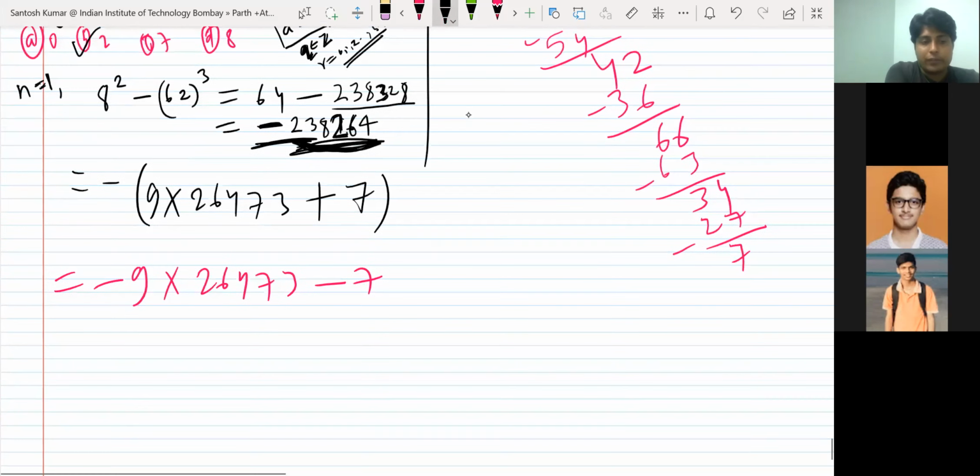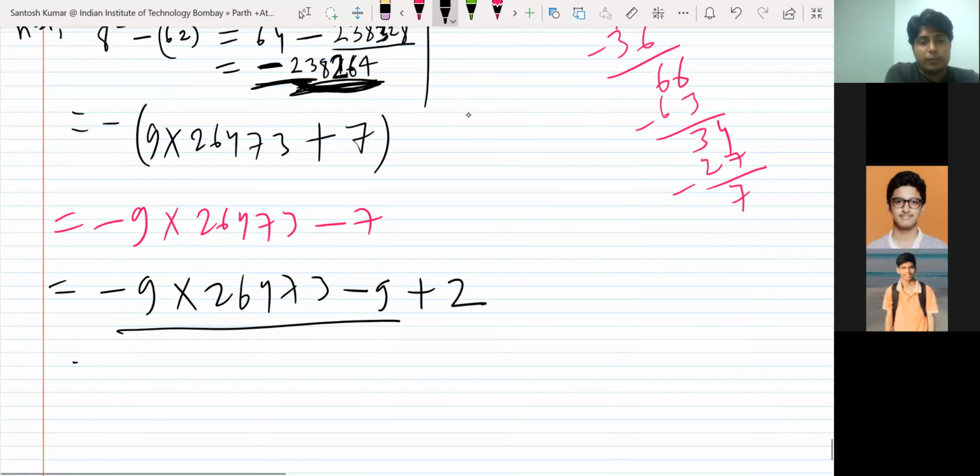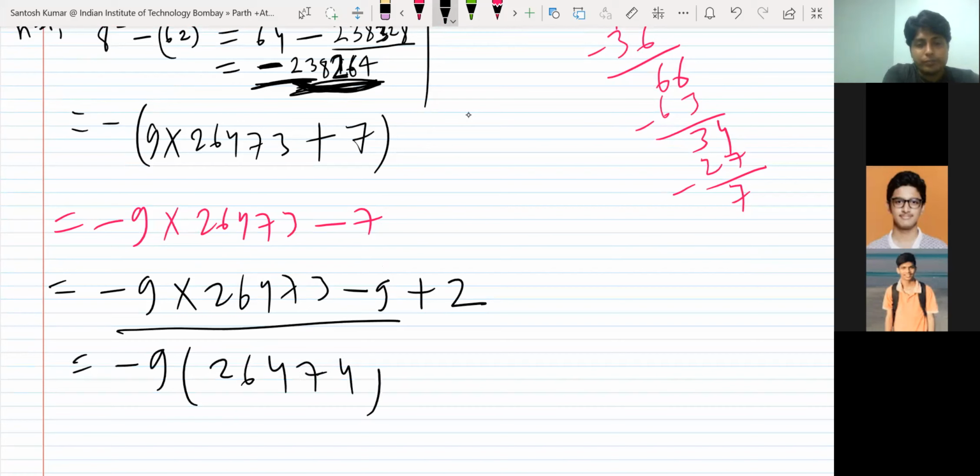So you have to write in that form. No problem: 26473 minus 9 plus 2 you can do. Now you can take 9 common from here. If you take minus 9 common, it will be 26474, since after taking common it will be plus 1, and that creates this, and plus 2.